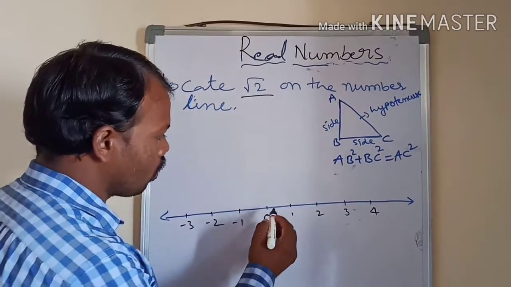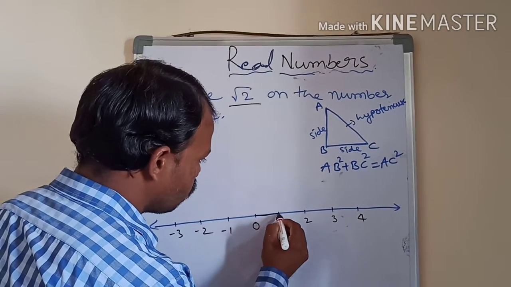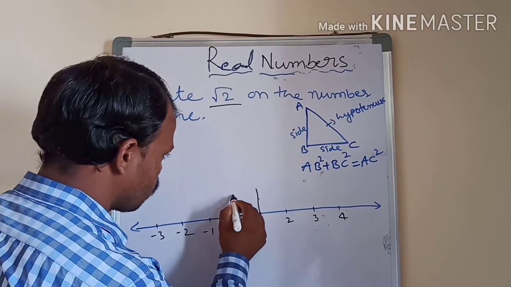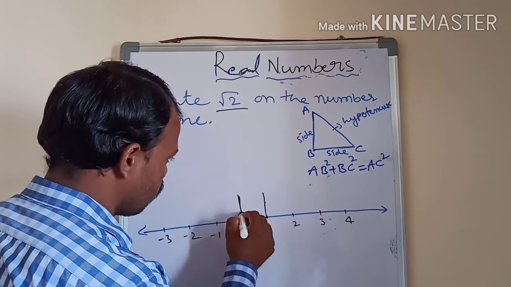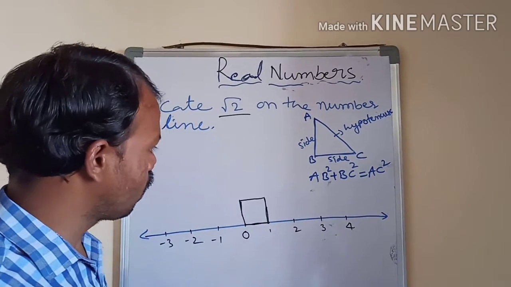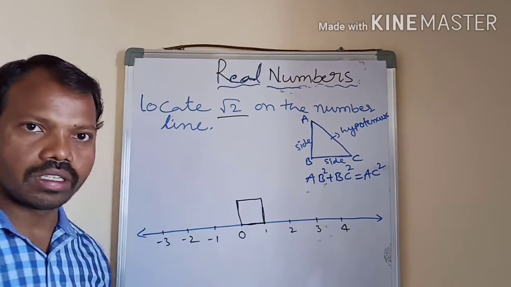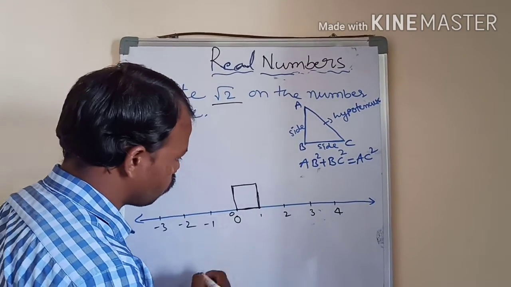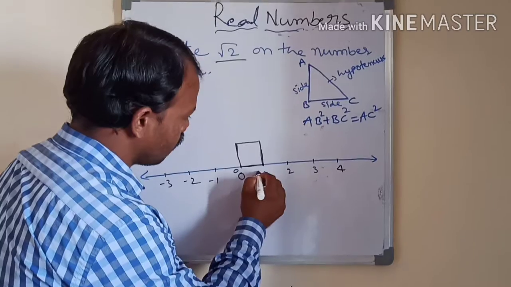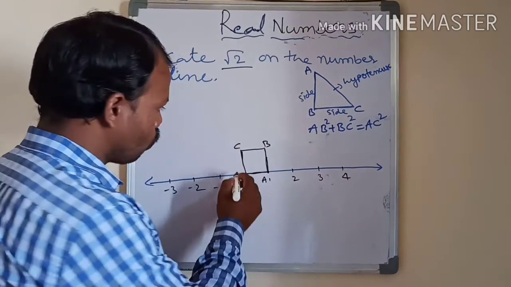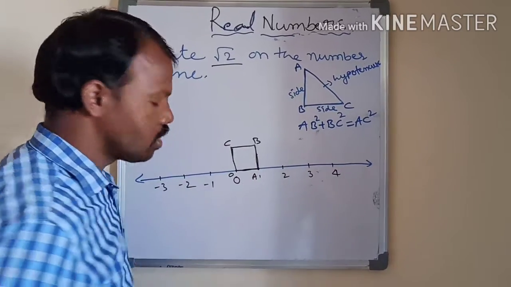Let us draw a 1 unit square. It must be a square, so you have to use the scale. The starting point is 0, which is O. This is point A, this is point B and this is point C. OABC is a square.